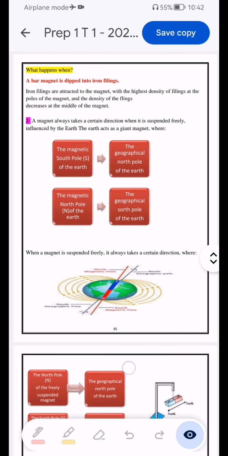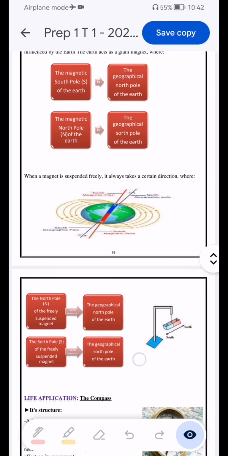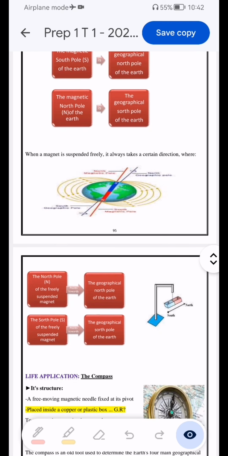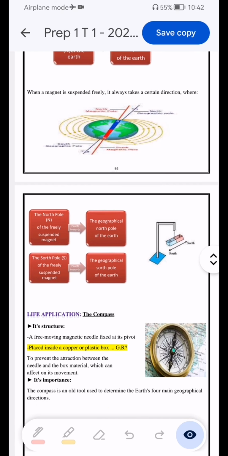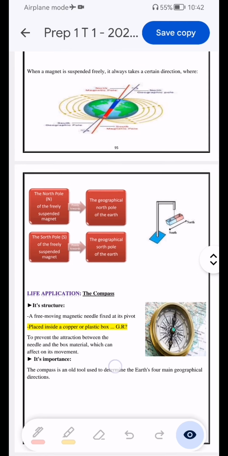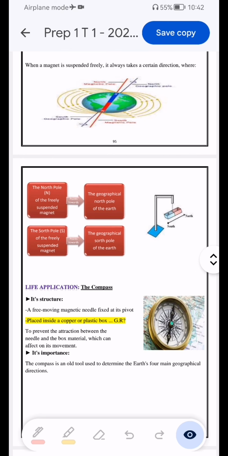And when a magnet is suspended freely, it always takes a certain direction. Okay? We said the north pole of the magnet suspended freely points to what? The geographical north pole. And the south pole of the magnet suspended freely always points to the geographical south pole. Okay? That means the north pole of the magnet suspended freely points to the geographical north pole, which means it is attracted to the south pole of the Earth.